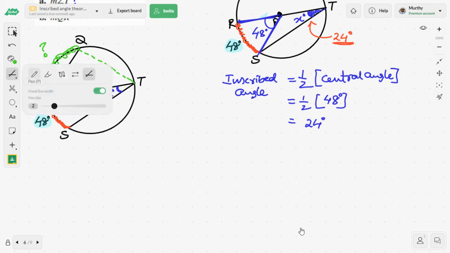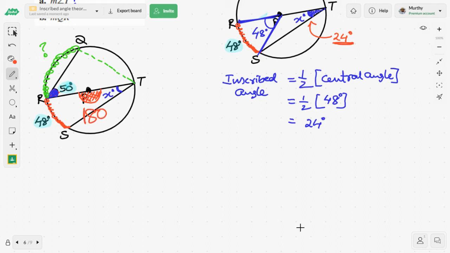And an important point for you to remember is, you know that a straight line makes 180 degrees. Agreed? So if the central angle is 180 degrees, you know what the inscribed angle is.